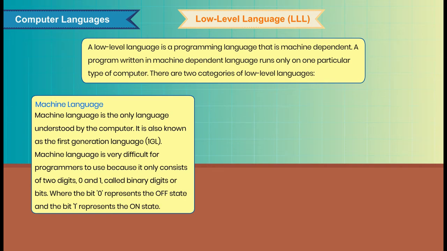It is also known as the first-generation language, 1GL. Machine language is very difficult for programmers to use because it only consists of two digits, 0 and 1, called binary digits or bits, where the bit 0 represents the off state and the bit 1 represents the on state.